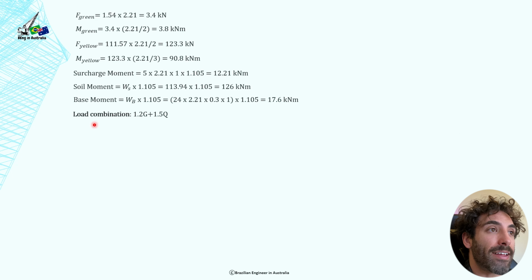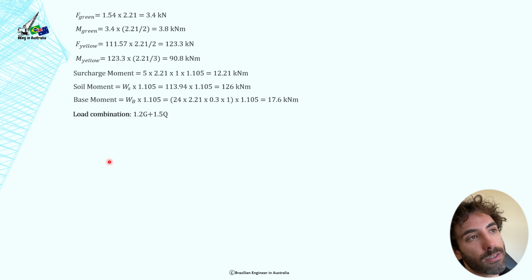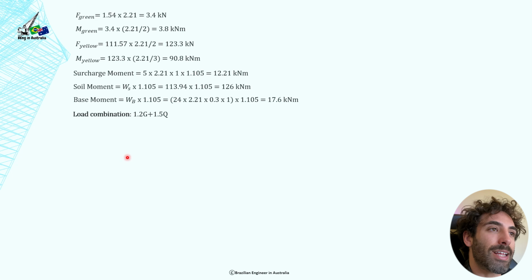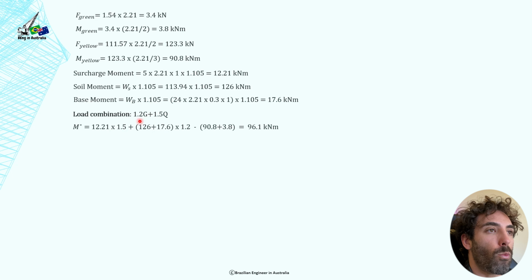For a strength check, we're going to have to factor those loads again. For the bearing check, we use serviceability loads, and now we're going to use the strength loads. So we're going to factor these numbers by 1.2 and 1.5.